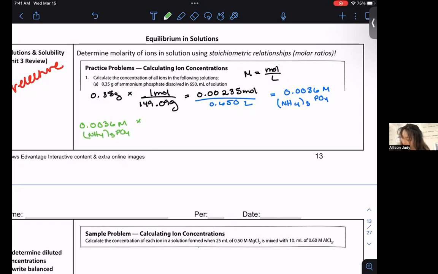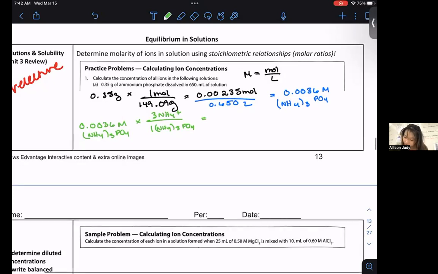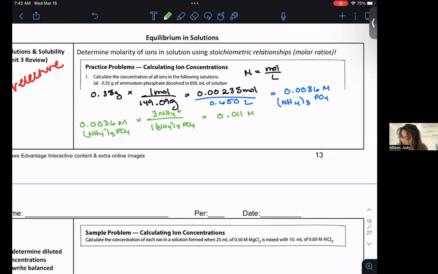And I know that for every 1 NH4, 3 PO4, I'm going to have 3 NH4 plus ions or moles of ions, or molarity of ion, right? Because it's per liter, it's the amount of moles per liter. So what I would find is that I do this simple stoichiometric unit conversion, and I would get that I have in concentration 0.011 rounded to the proper sig figs molarity of NH4 plus in solution.